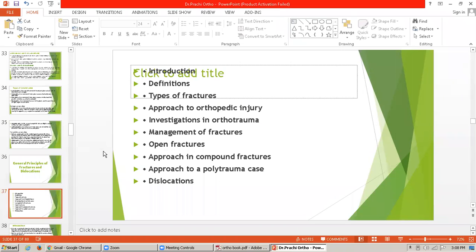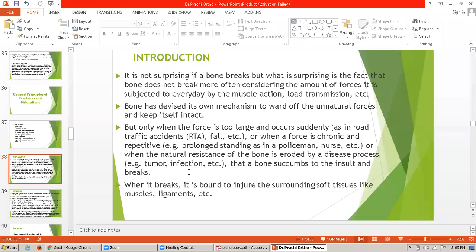In that, firstly we will learn about the introduction, then definition, types of fractures, approach to an orthopedic injury, investigation in orthotrauma, management of fractures, open fractures, approach to compound fractures, approach to a polytrauma case and dislocation. So these are the many topics that we will learn further.